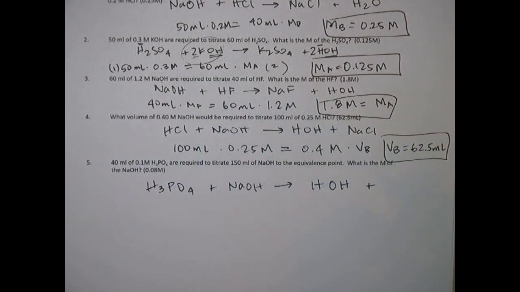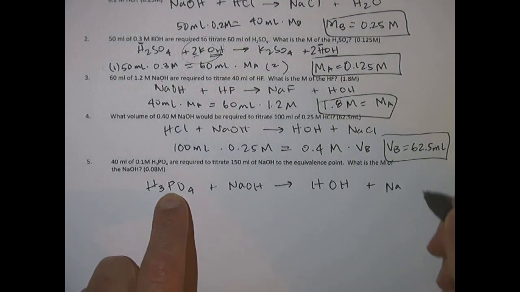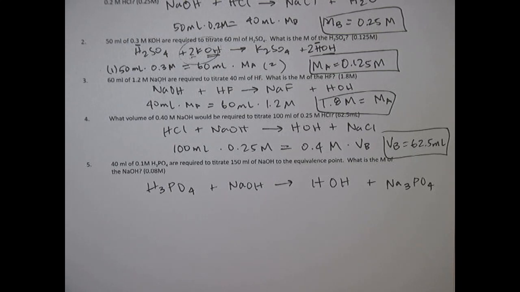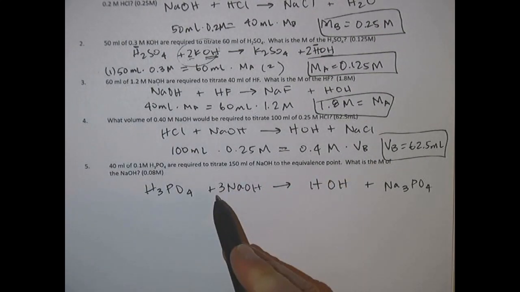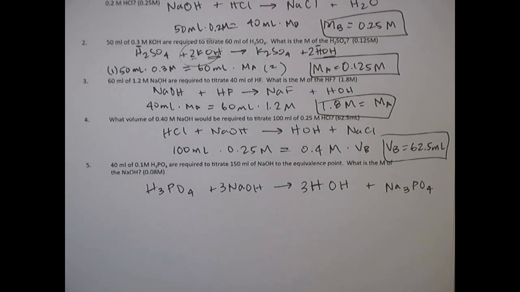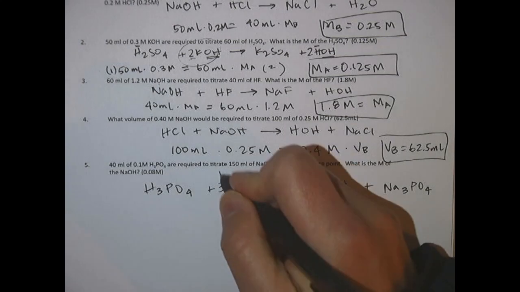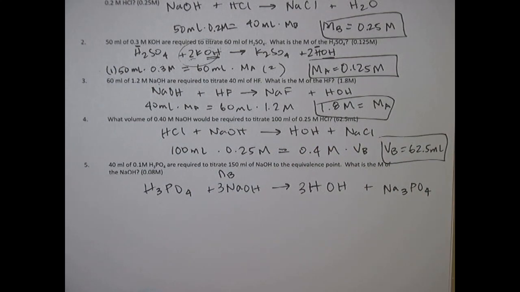Remember, the product of any acid-base reaction is always going to be water. And then sodium and phosphate. Sodium is +1, phosphate's -3. So when you crisscross them, you're going to get Na3PO4. And then to balance it, you're going to put a 3 in front of there. So you have 3 OHs, and then you put a 3 over here, 3 H's. That means the number of moles of base for this equation is going to be a 3.